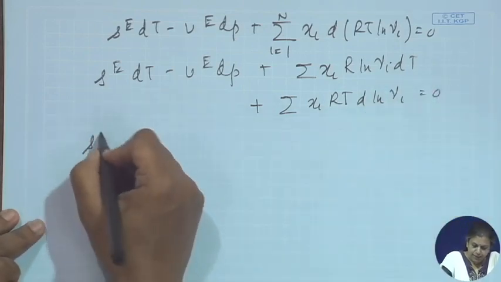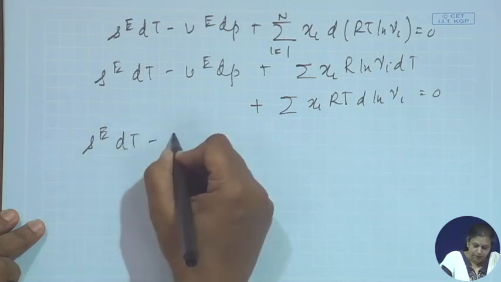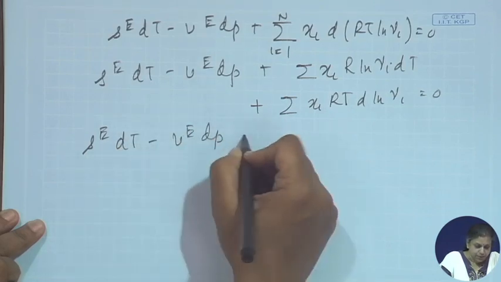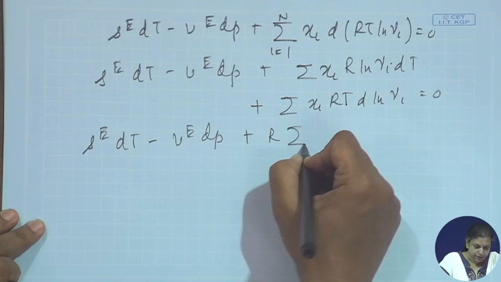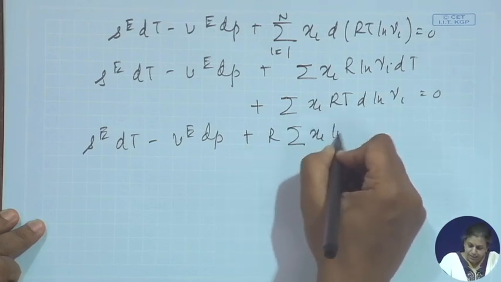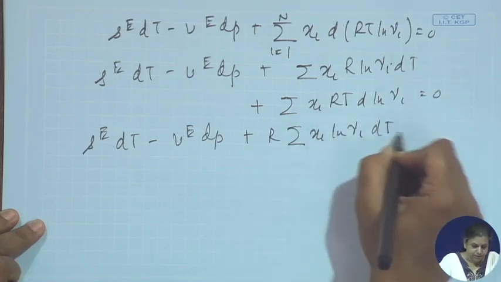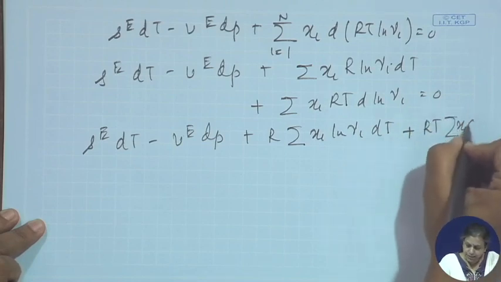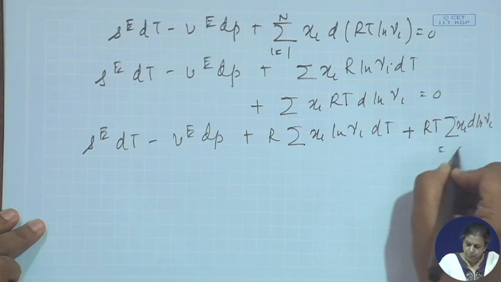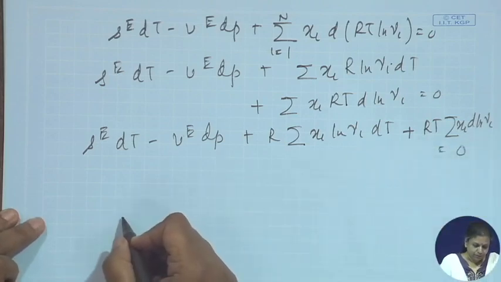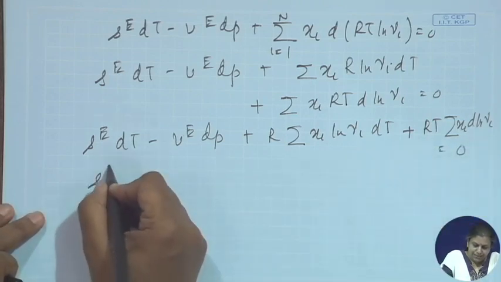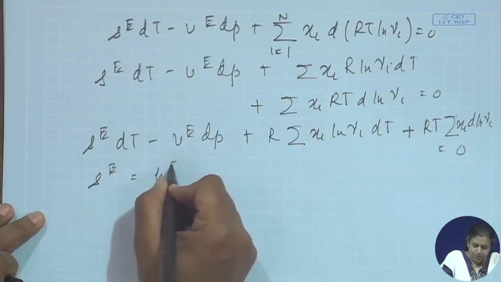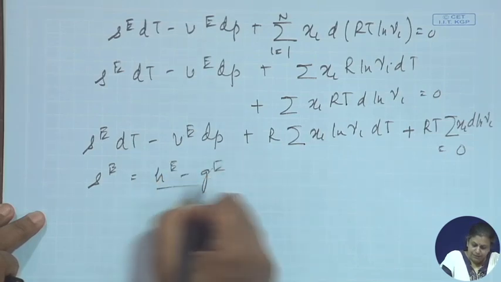So, finally: S^E dT minus V^E dP plus R sigma x_i ln gamma_i dT plus RT sigma x_i d ln gamma_i equals 0. Fine. What is S^E equal to? It is nothing but H^E minus G^E by T.